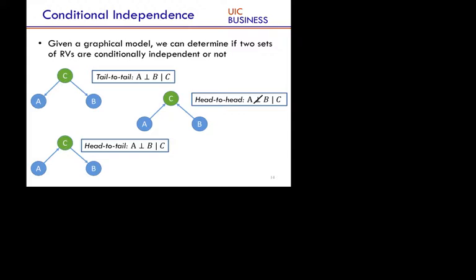For example, in this 3-node directed graph, which will correspond to some joint distribution we are not concerned with on this slide, what we want to say is that if there is a 3-node graph with directed edges like this, then the nodes A and B are conditionally independent given C.